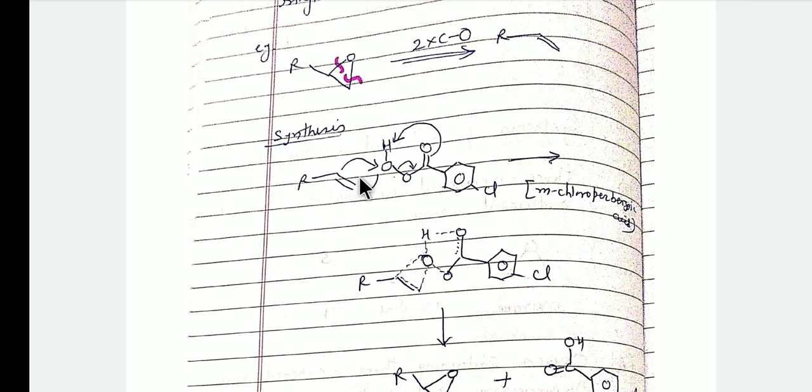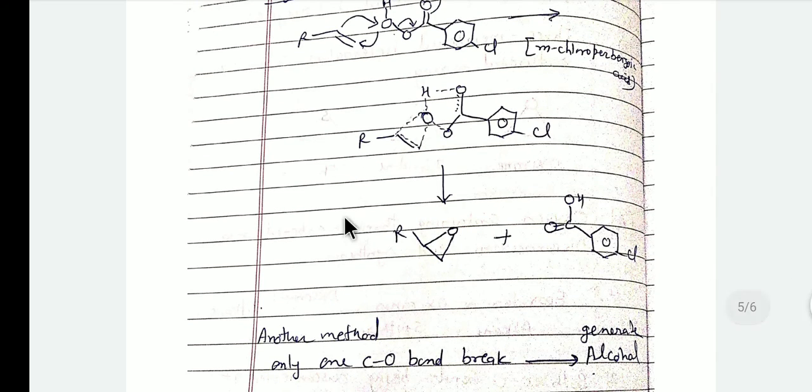Here this carbon forms a bond with oxygen and this oxygen forms a bond with this carbon atom. Here the oxygen takes this hydrogen atom, so one transition state is formed, and we easily get the epoxide or oxirane, which is the alkylated one, and the meta-chlorobenzoic acid.